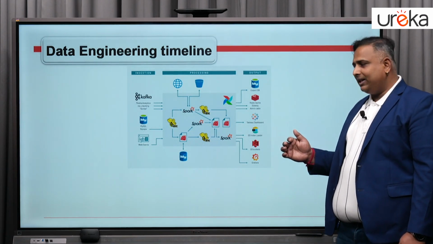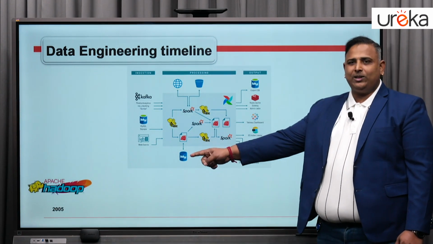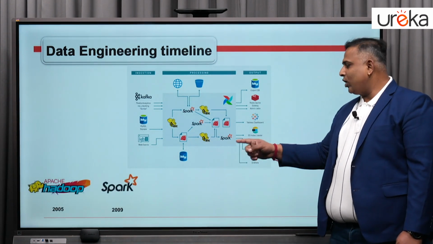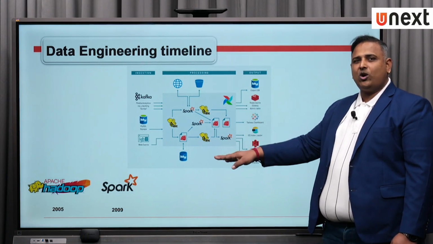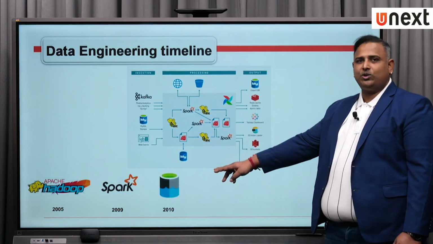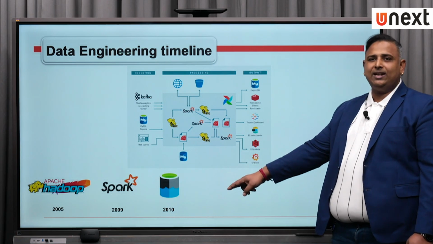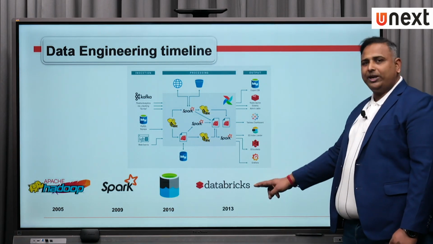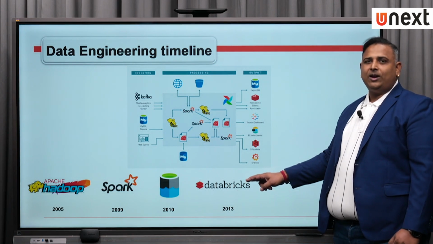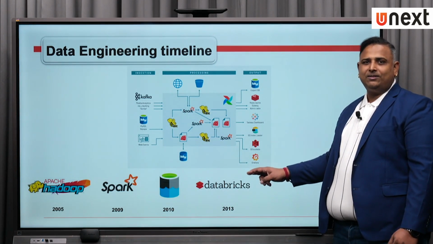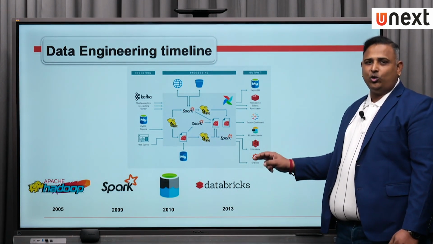Now the timeline says: in 2005 Hadoop was introduced, then in 2009 Spark was introduced. Then the technology got more modern, and we got a storage solution called Data Lake in 2010, then Databricks, which is a unified solution with Spark for analytics, data science, as well as data engineering.